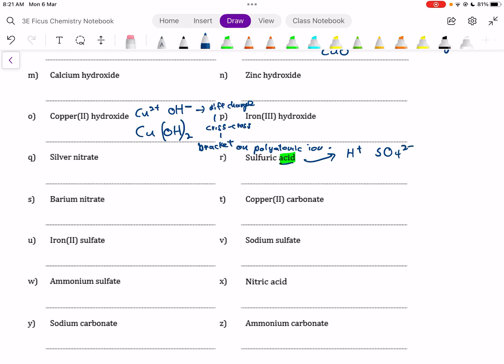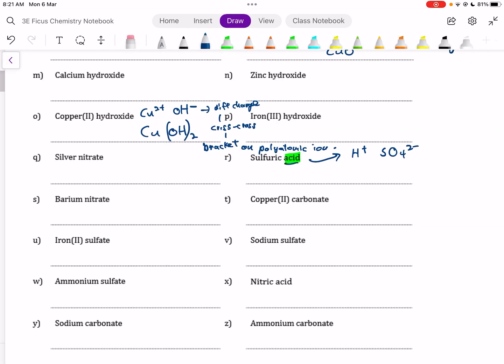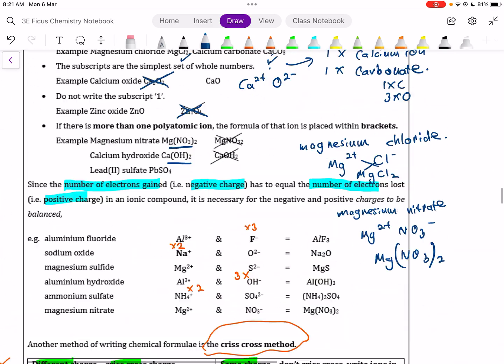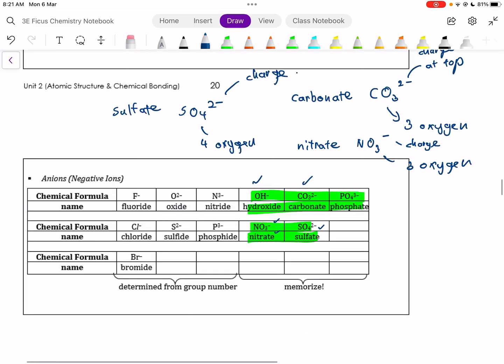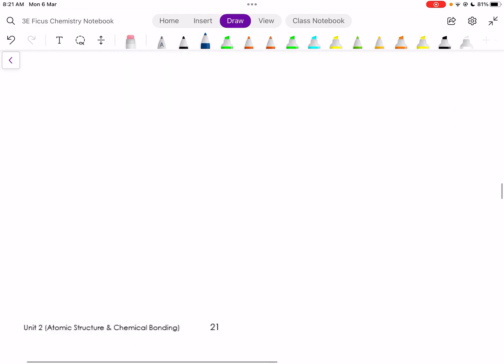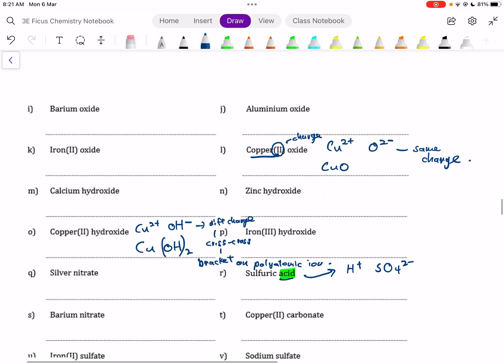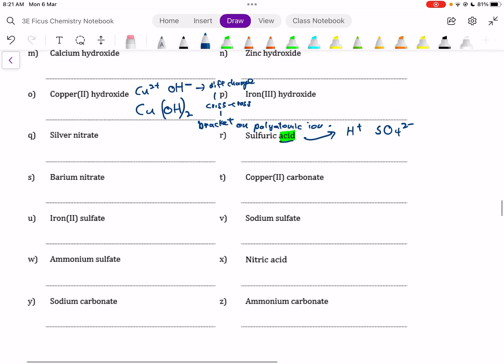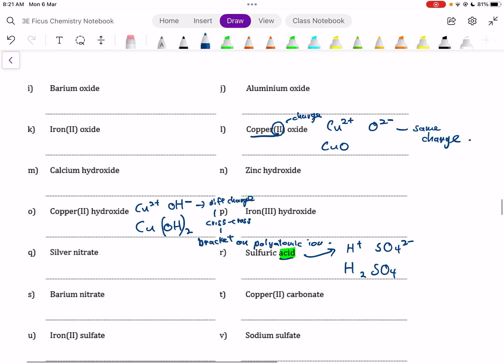You can go back to your notes to take a look, under the segment where I say you need to memorize, so maybe you want to put a heart shape, star shape, whatever you want. So this one you copy down H and SO4 first, then the 2 comes here, the 1 comes here. Alright.